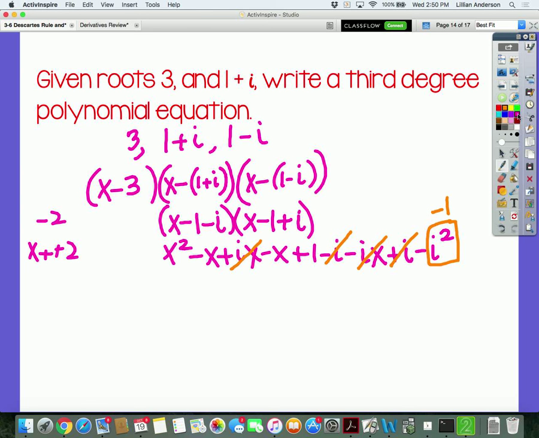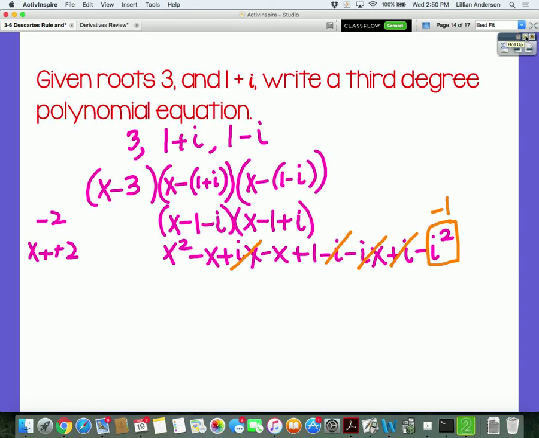And all of your other like imaginary parts cancel out. So now I'm just left with an x squared minus 2x, careful, and then 1 minus a minus 1, which is plus 2. So now you're just dealing with real numbers, no imaginary stuff.